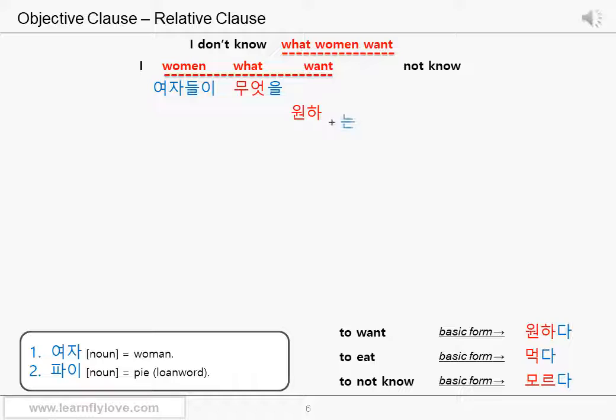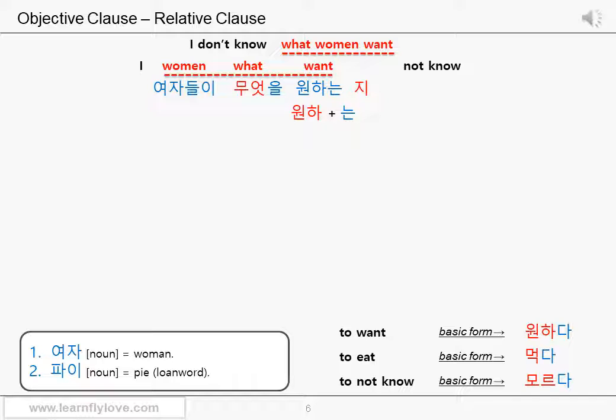It's in the present simple tense, so let's simply add 는. 원하는. Because we use the same translation that we used for the interrogative what, we should add 지 sound. It's like we are directly translating the English relative pronoun what. 원하는지.